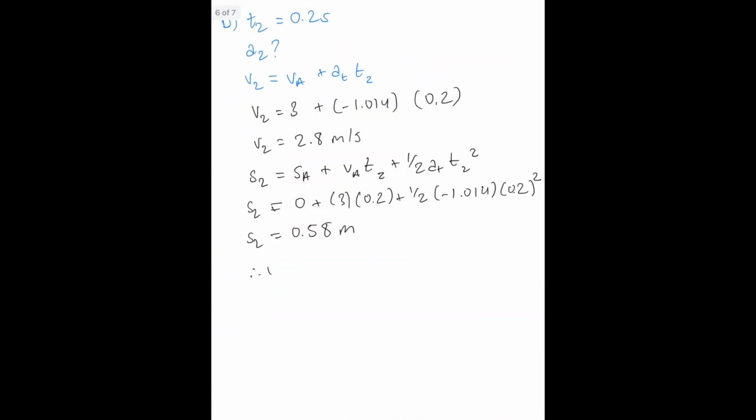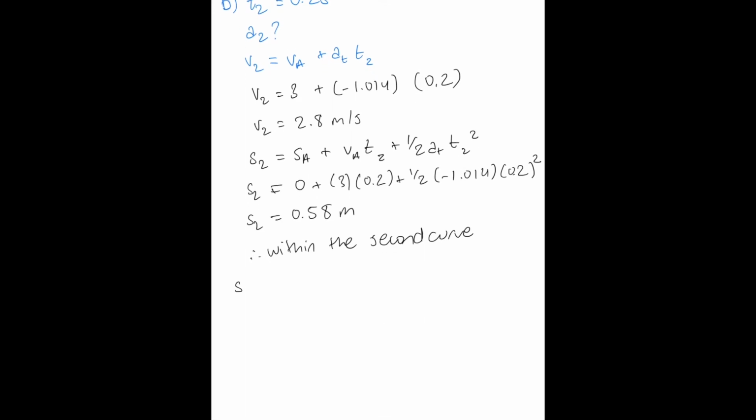So knowing that it lies within the second curve, we need to find out exactly where it is on the second curve. So 2r plus pi r over 2 plus phi 2 over 180 multiplied by pi r.